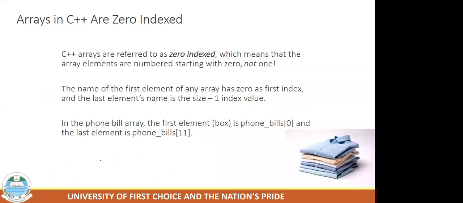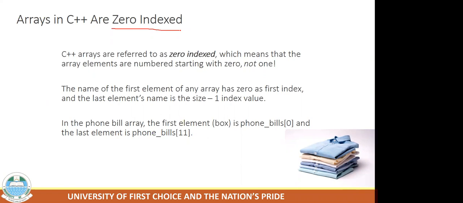So you need to understand that arrays in C++ are what? Zero index. Zero index means the starting element has the starting position of 0, not 1. Do you understand? Not 1. Normally if I'm creating 1,000 variables, we say variable number 1, variable number 2, variable number 3.